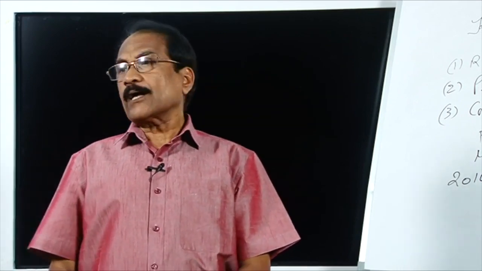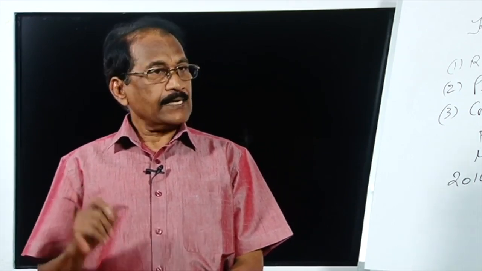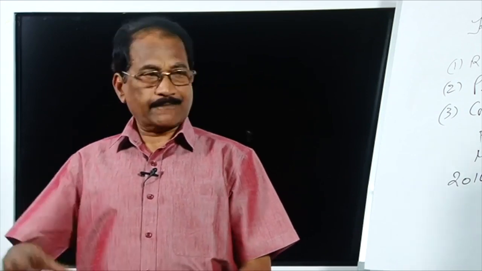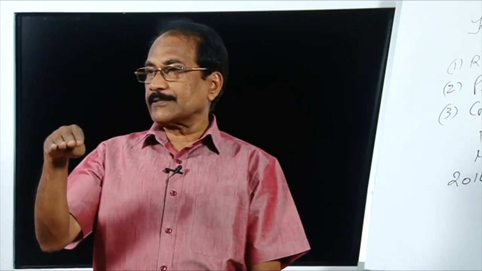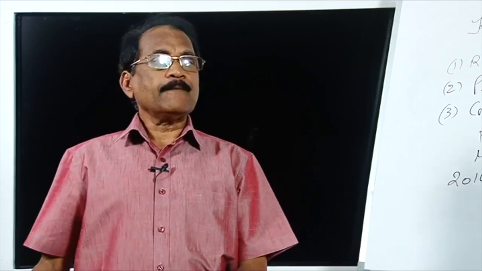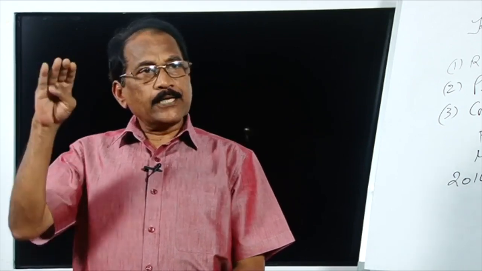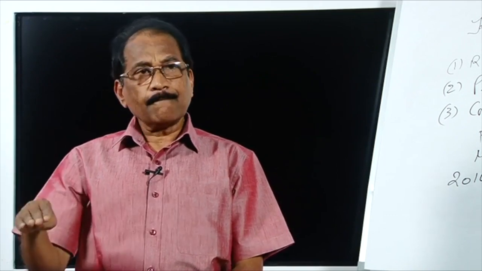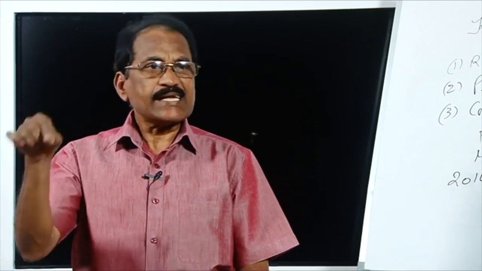You know that according to the FRBM Act, the Fiscal Responsibility and Budget Management Act of 2003, it is mentioned that public expenditure must be reduced little by little annually, and it should be brought down to 3% by 2009.